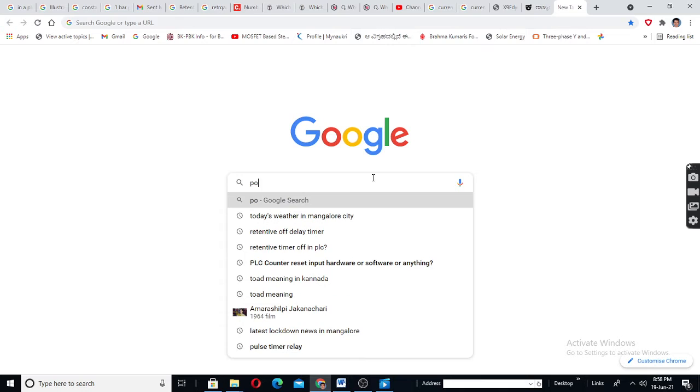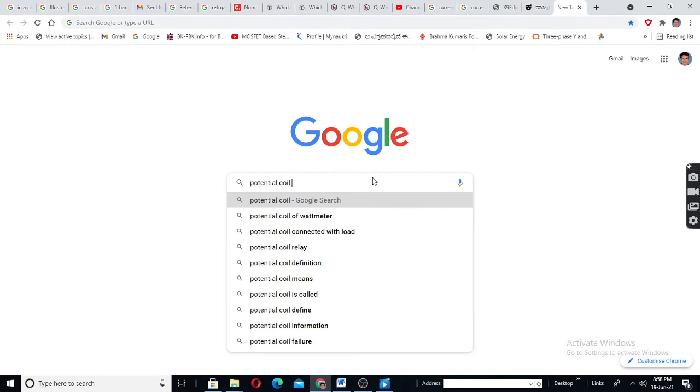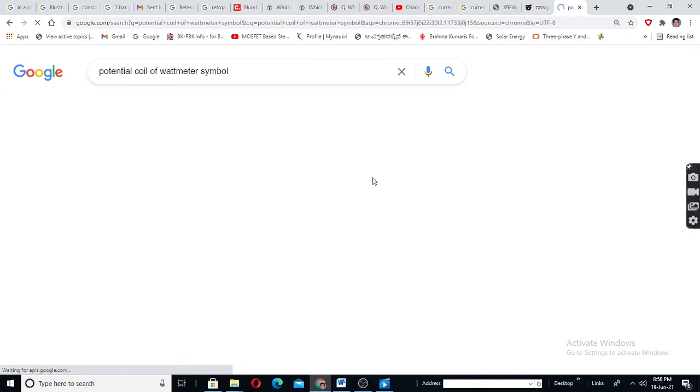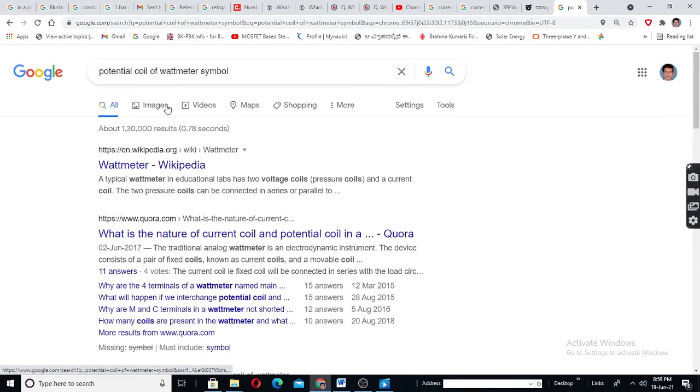You can see here the potential coil of the wattmeter symbol. Let us see the image.